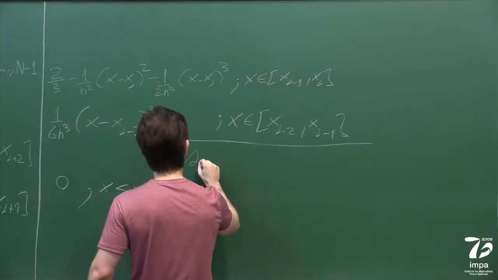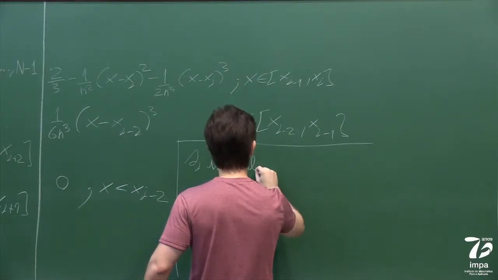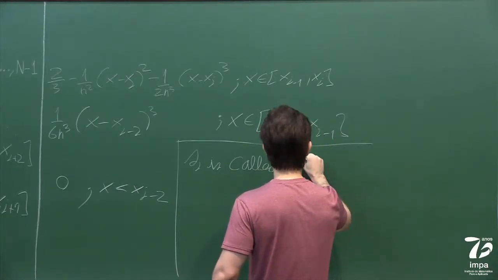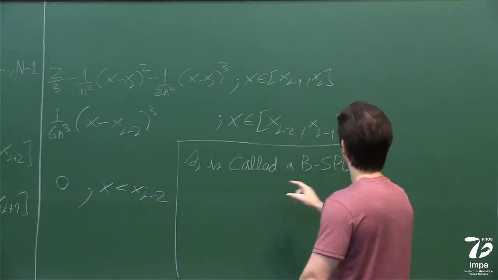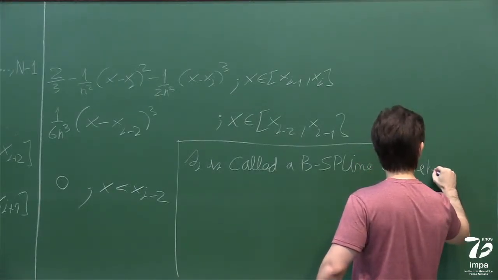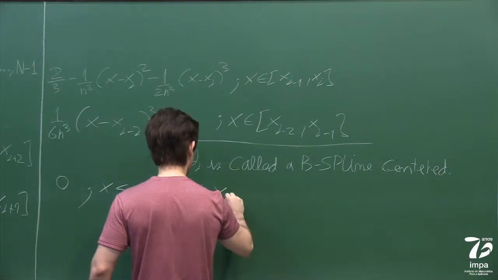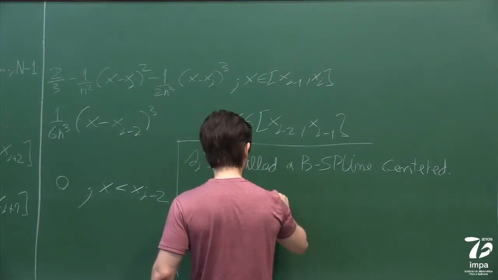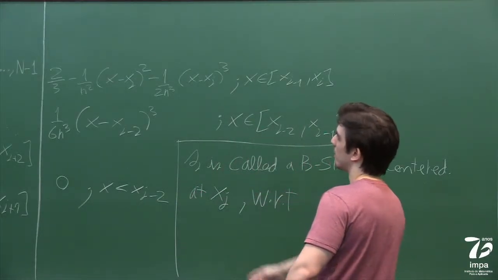So little sj is called a B-spline centered at xj, with respect to the uniform partition delta.